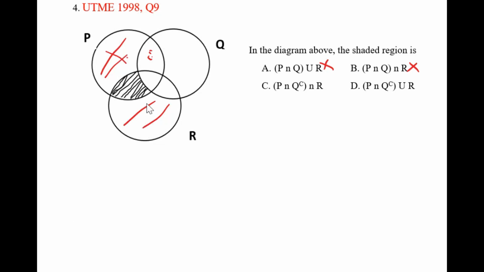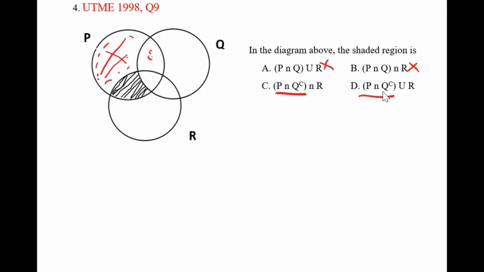So now P intersection Q complement. P intersection Q complement will make this part go off. Only this part, P intersection Q complement. This part, P intersection Q complement, is starting from this our shaded part to this whole of P as well.